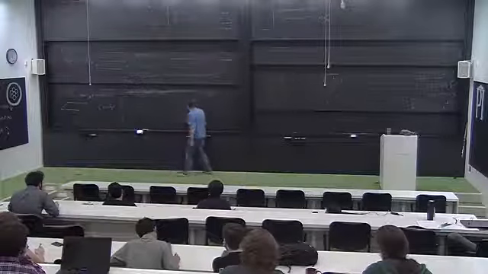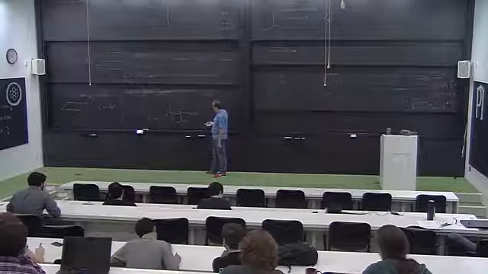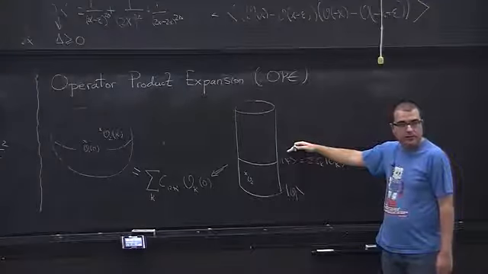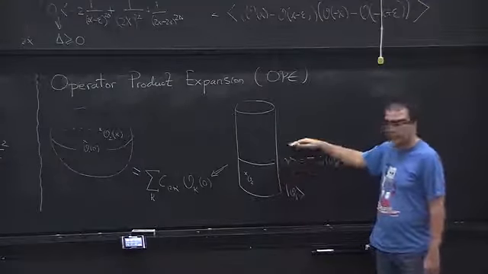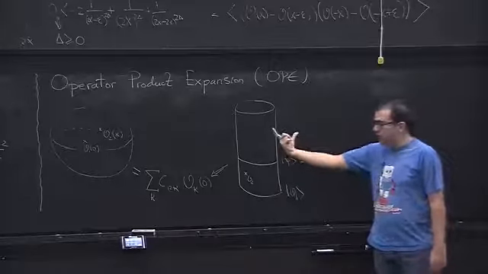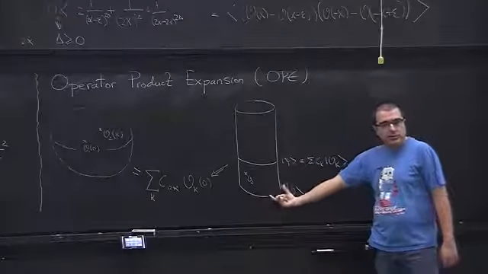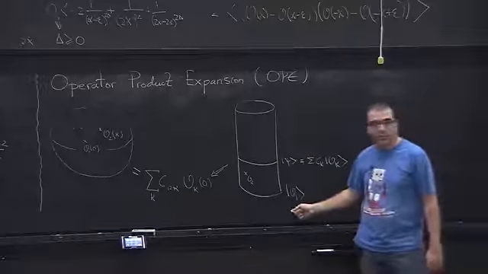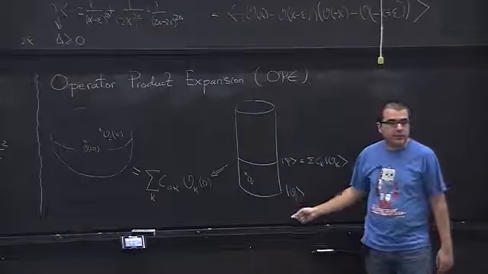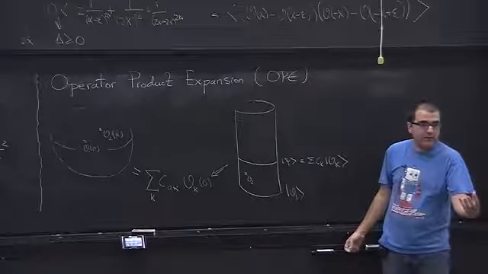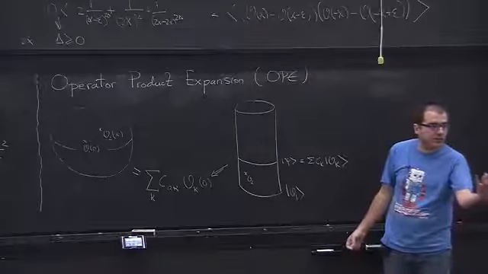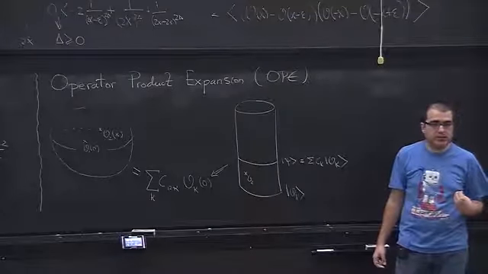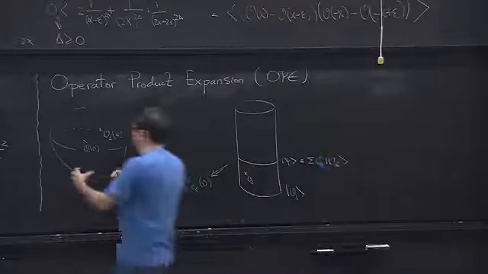Conversely, another way of saying it is I generate some state psi here, after acting with O. And now suppose I evolve it backwards with my Hamiltonian. So I evolve it backwards until time equal minus infinity, and I get some state at minus infinity. That state at minus infinity corresponds to putting some boundary conditions, which corresponds to putting a local operator in the other picture. So here in this picture, I say that I'm doing my path integral.